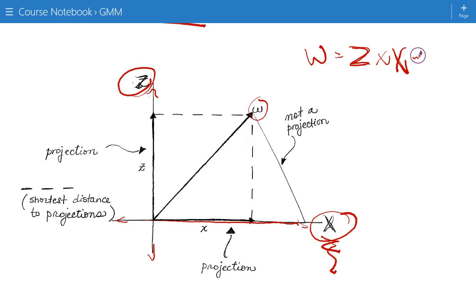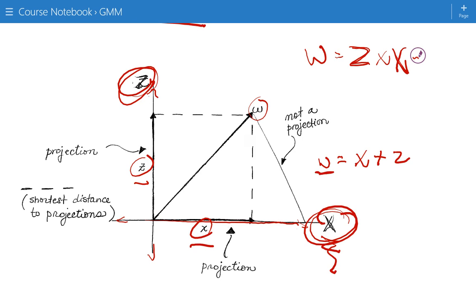Then any vector W can be described as being equal to a vector in the X space, being this little x, plus a vector of the Z space, being this little z, which is to say that there exists an X and there exists a Z such that W is equal to X plus Z. X and Z are the projections of W onto the subspaces X and Z.